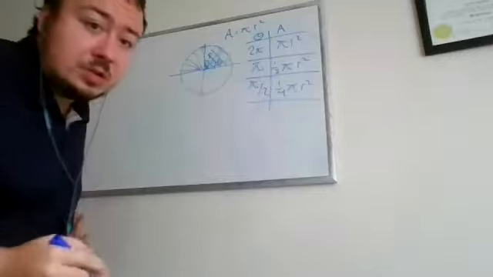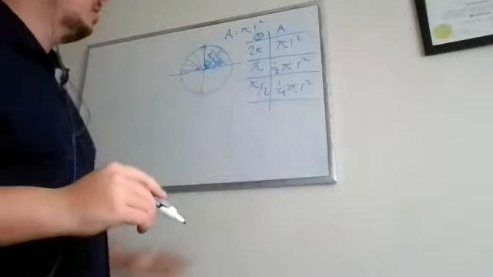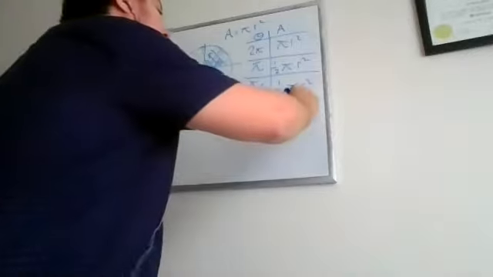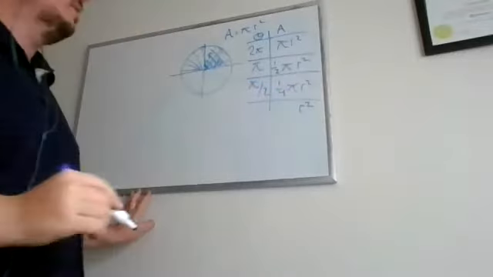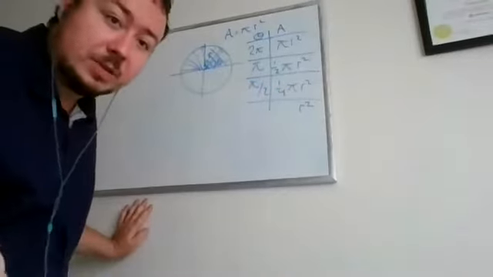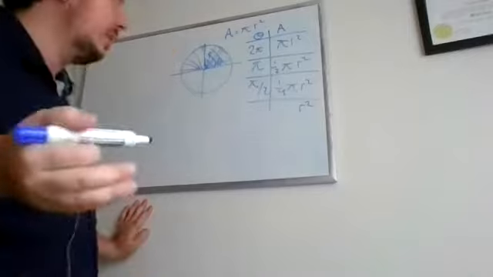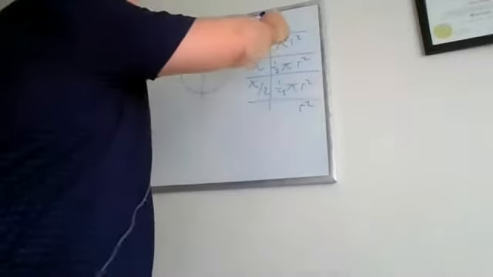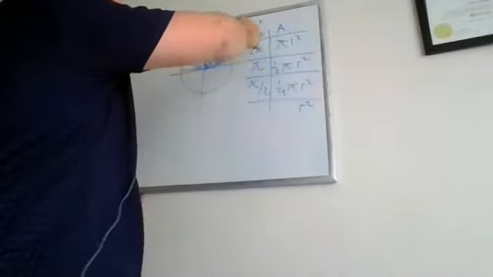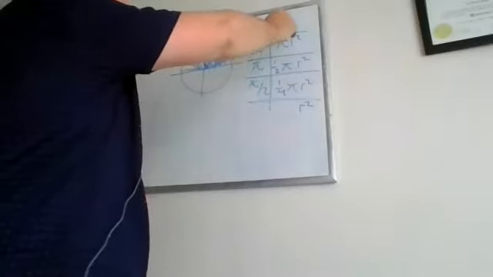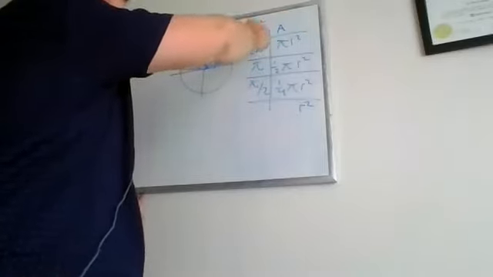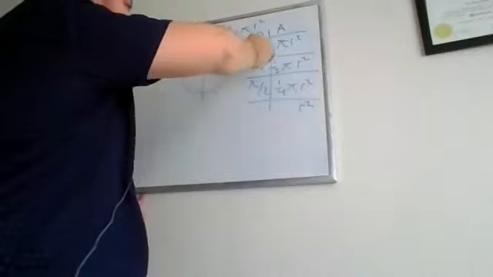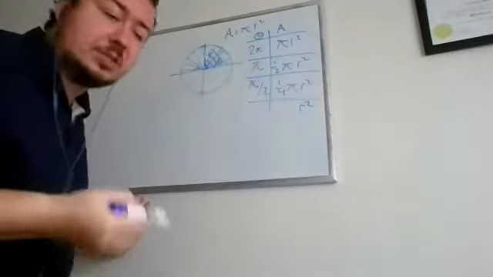You may start to notice a pattern in this table. First of all, we have an r squared on every single one of these, which makes sense because area is measured in units of length squared. Whenever we have an angle over here, we always have half of that on this side: 2 pi here and only pi there, pi here and 1/2 pi there, and so on.